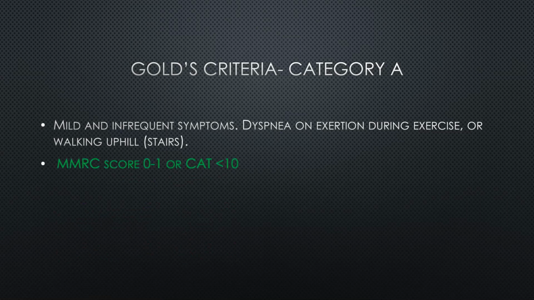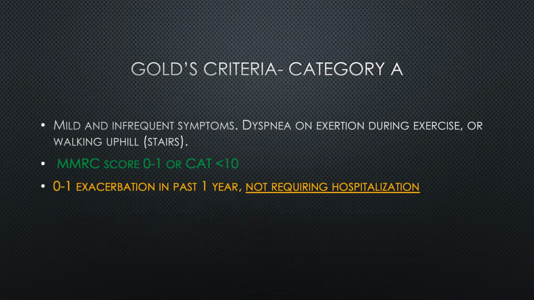Their MMRC score is 0 to 1, and their CAT scale is less than 10. And they've had either none or just 1 mild exacerbation in the past year, but did not require hospitalizations. So does anybody know what the treatment would be or what you would consider for this patient?